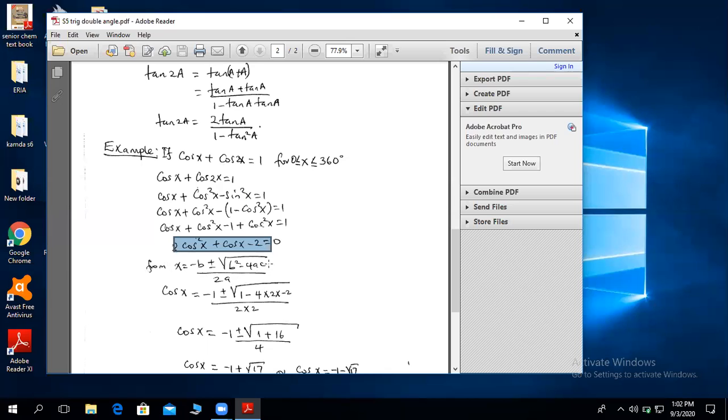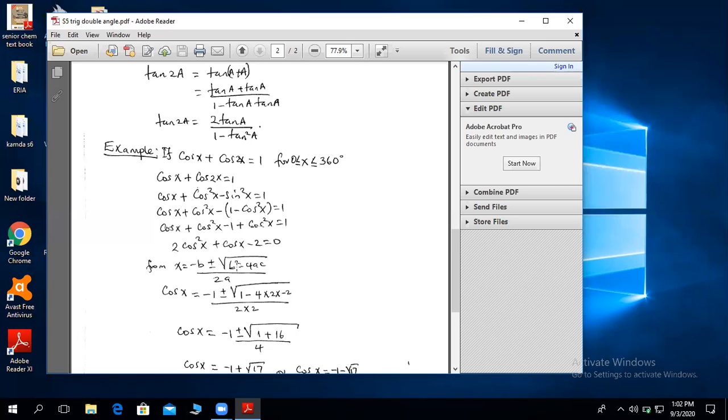You can see it there. Let's say this is x squared, this is x. That becomes the quadratic expression. So a is equal to 2, b is equal to 1, and c is negative 2.